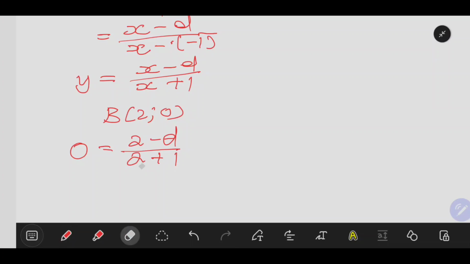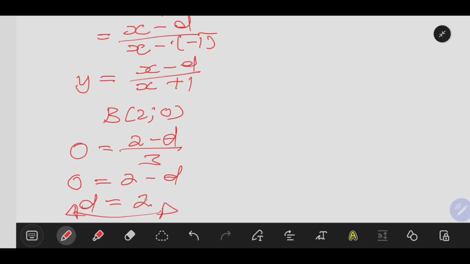Then we multiply both sides by 3, and we have 0 equals 2 minus d. Then the value of d becomes 2. So we have determined the value of p and the value of d: d is 2, and p is -1.